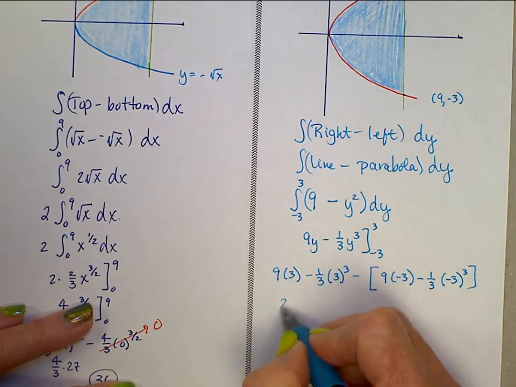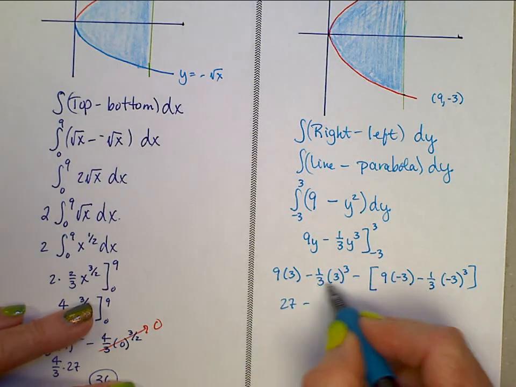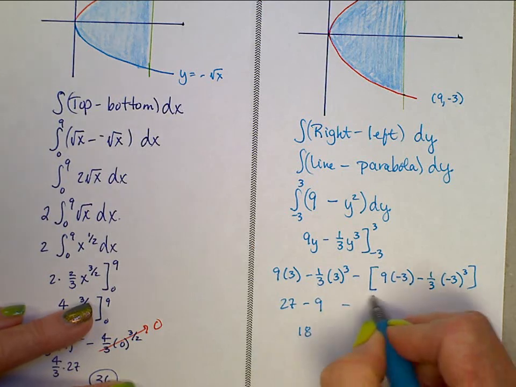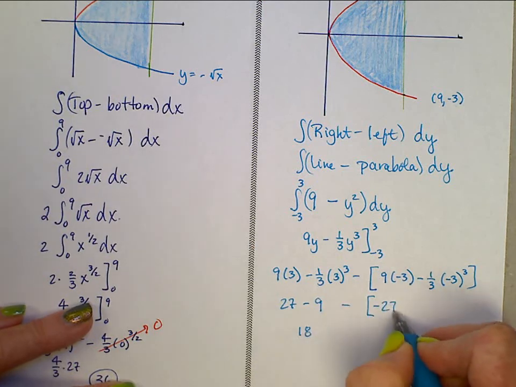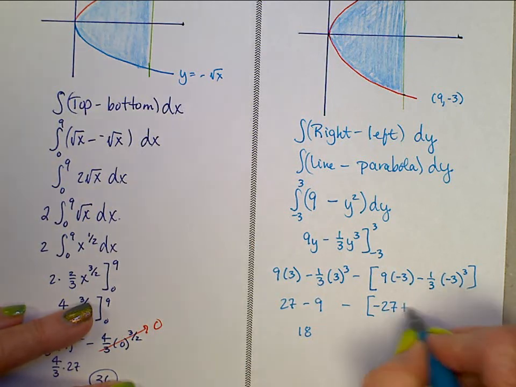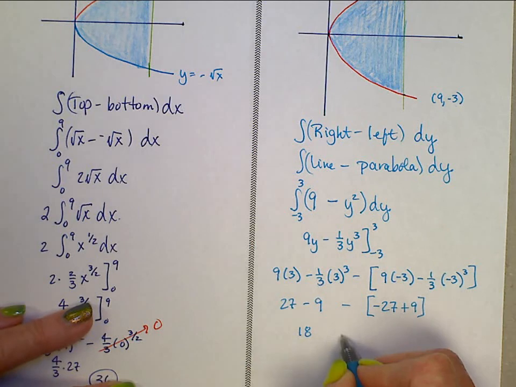There's lots of 3's, lots of negatives. Let's see, there's 27 minus 1/3 of 27, which is 9. So that piece is 18. Over here we have negative 27, and negative 27 times a negative third is positive 9. So we have 18 minus a negative 18, which is 36.